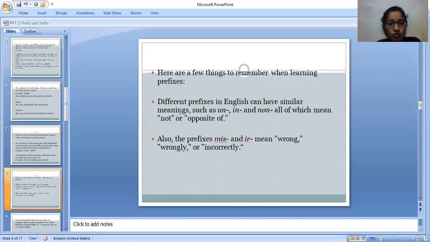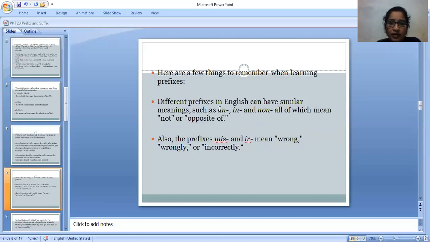Yes. So these are a few things to know about prefixes. Different prefixes in English can have similar meanings, such as un, in, non. So all these prefixes, un, in and non, all these three give the meaning of not or opposite to.